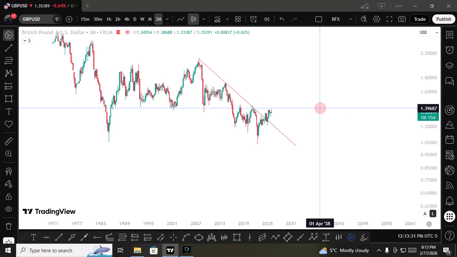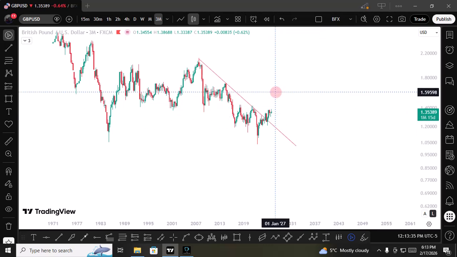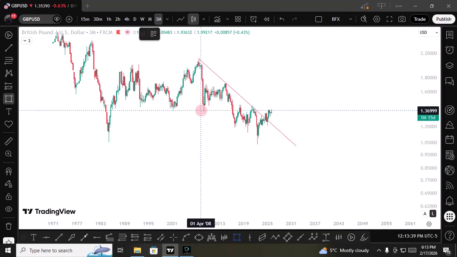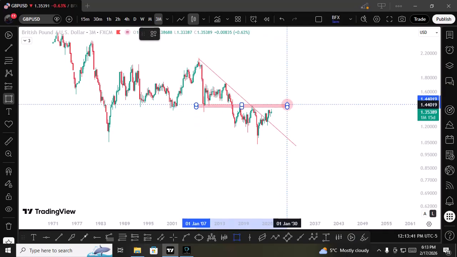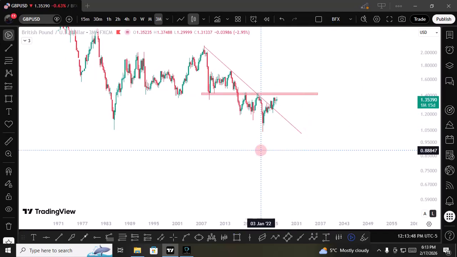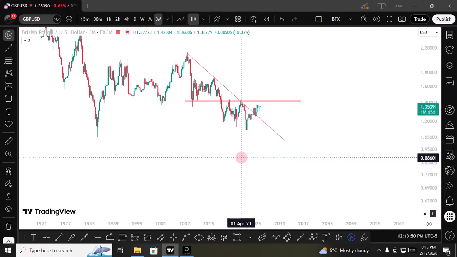So Gbpusd is moving to the upside, but there's an obstacle here too. There's an obstacle here that we should watch out for. And you can see this fake out.